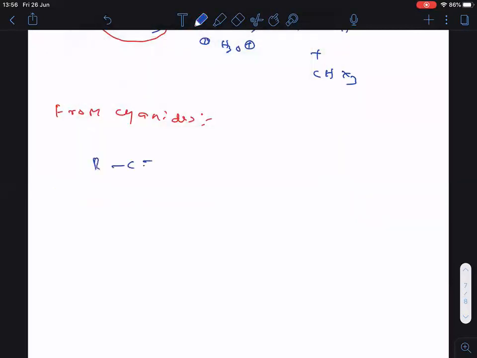So see clearly, R, C triple bonded N. Now what happened when this undergoes acidic hydrolysis? Directly we will get the carboxylic acid, RCOOH, and here the byproduct is ammonia.